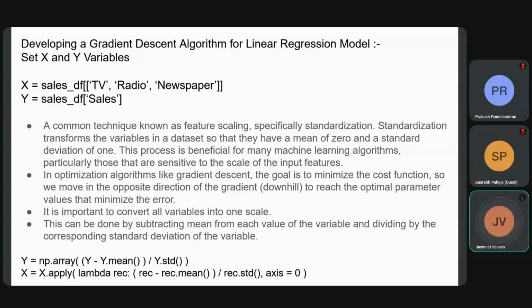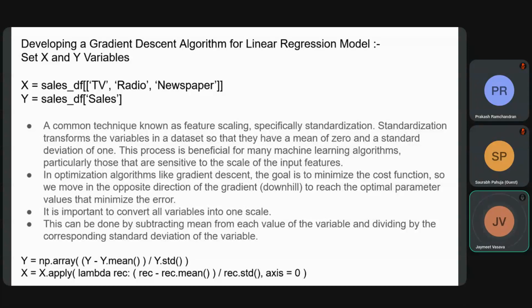So this is what we are doing, putting the mathematical representation into code. We'll use the numpy array, get the y value, deduct the mean from it, and divide it by the standard deviation.